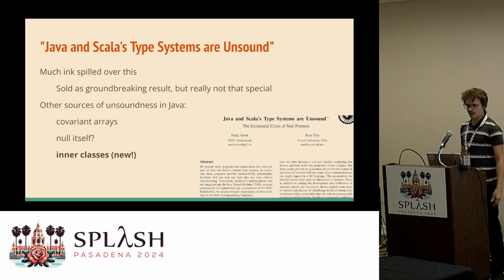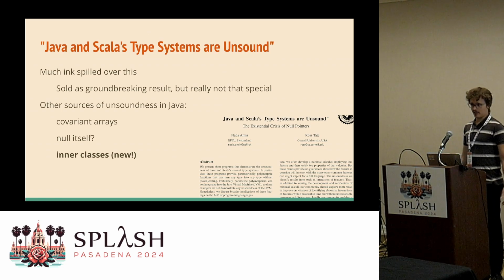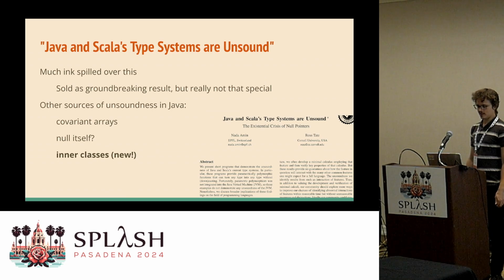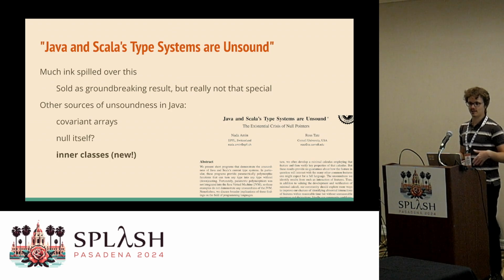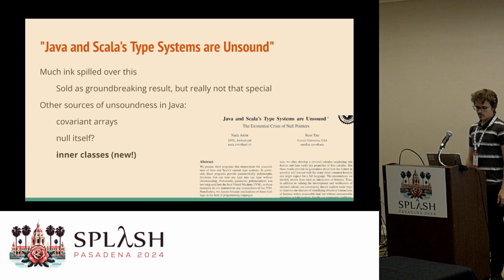But actually, there were already many existing cases of unsoundness, like covariant arrays, and null itself is kind of unsound, right? Null is a value that says it has any type, but actually it doesn't really. If you use it, you have an exception. This is basically unsound, right? And so this paper isn't really that new, and it doesn't say as much as it appears to.